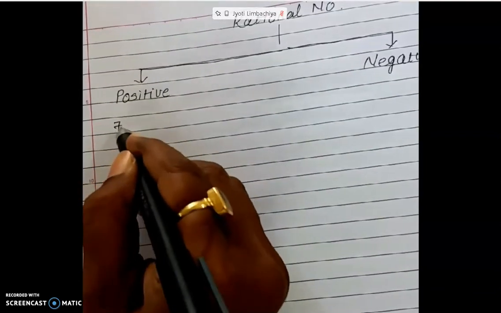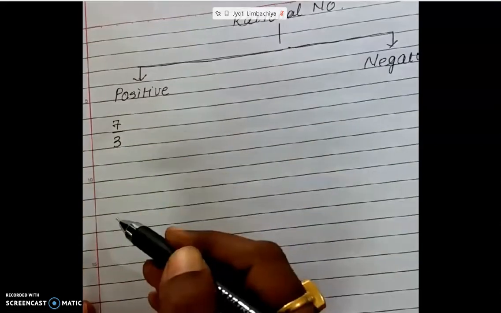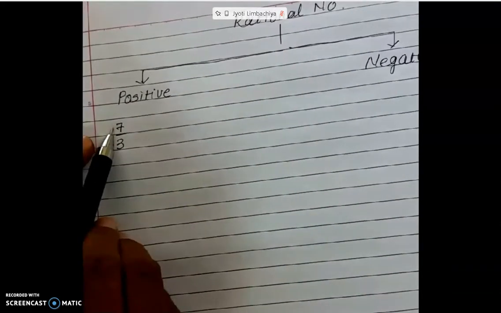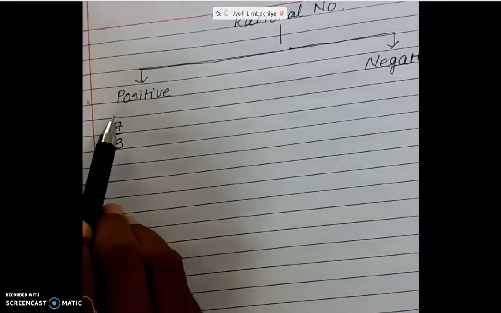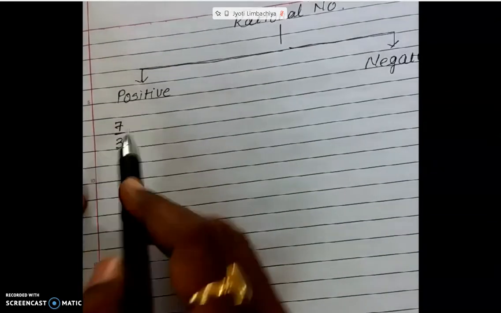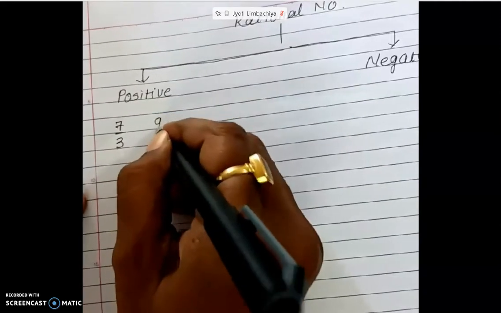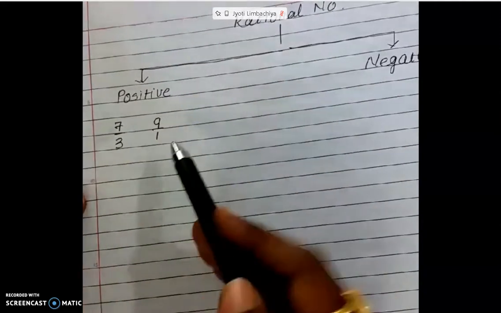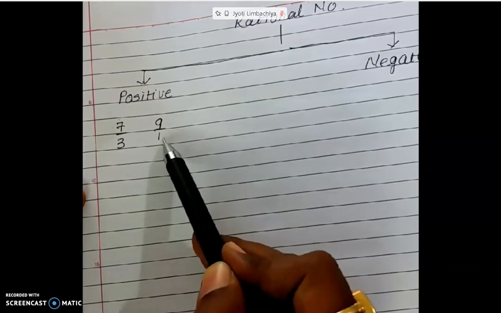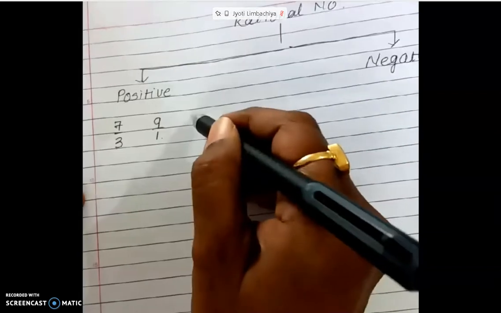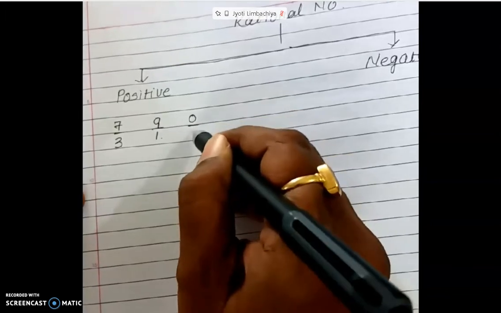See, look at this number. If I write 7 upon 3, this is positive integer. So this is positive rational number. If I write 9 upon 1, positive integer. So this is also positive rational number. 0 upon 6.